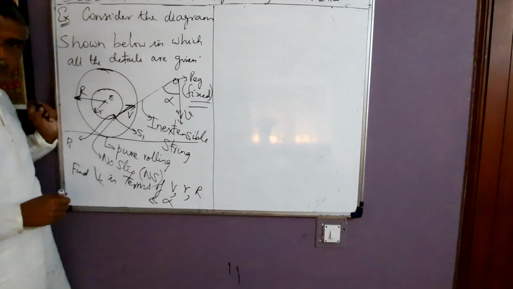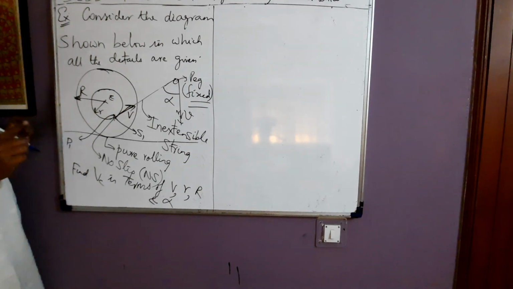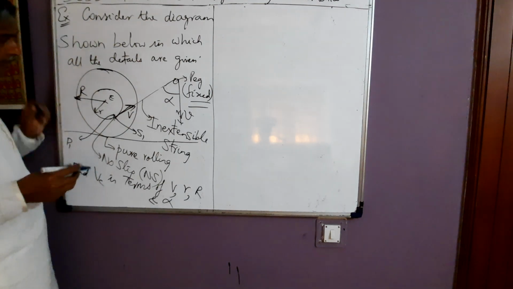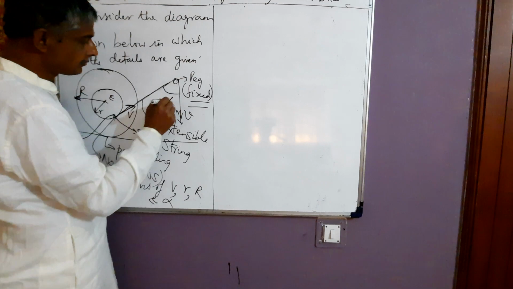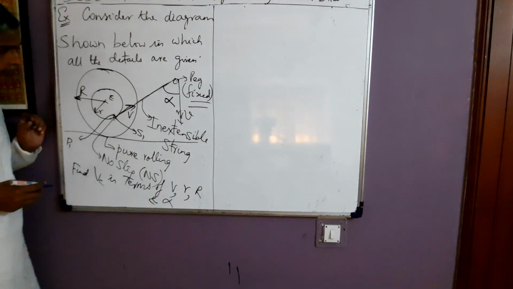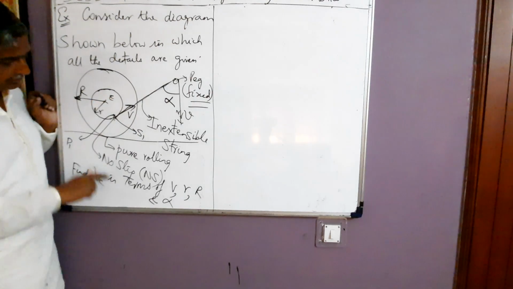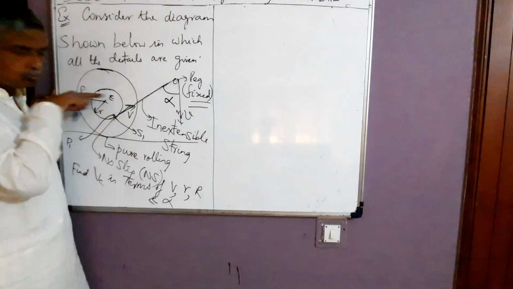Okay, fine, alright. Now see, one more thing which has to be kept in mind is this. First of all we have to find VC, the speed of center C. Now again in this question, the center should move rightward.